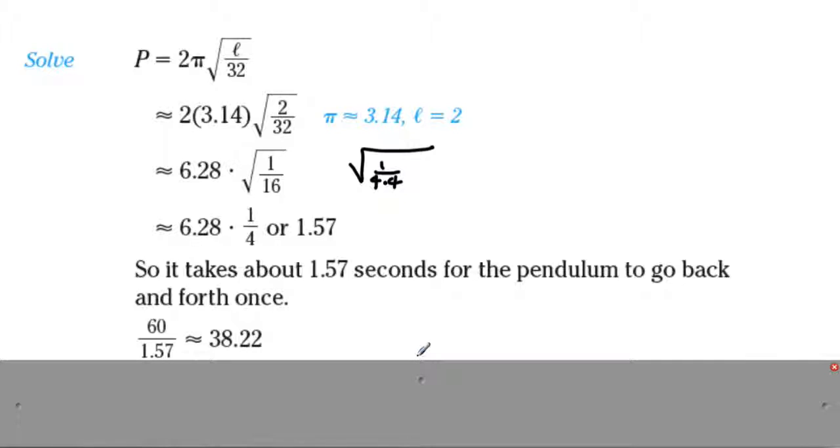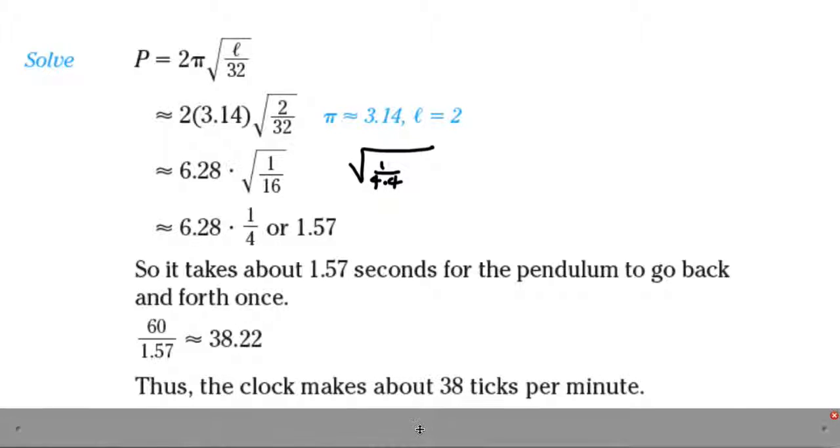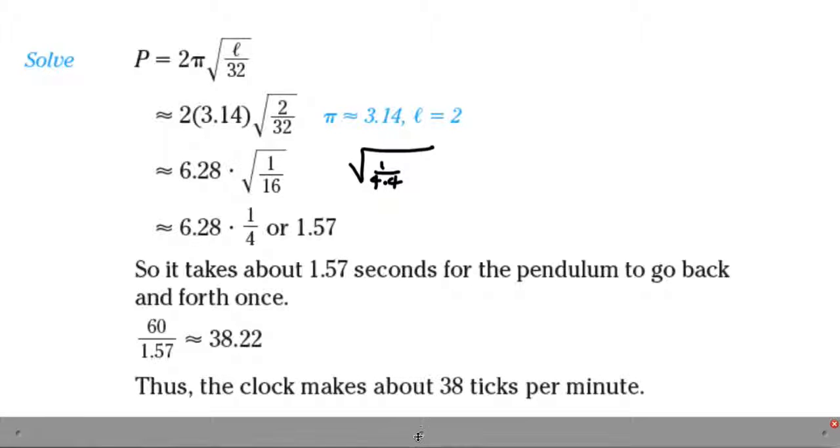Then get that 1.57 and let it be your divisor for 60, which will give you 38.22. Thus the clock makes about 38 ticks per minute.